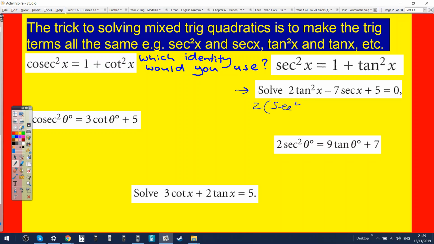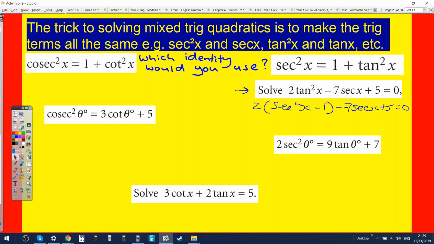So how would you solve this one, the tan one? How about the one over here? Plus 5. Okay, go on, keep going with this one.